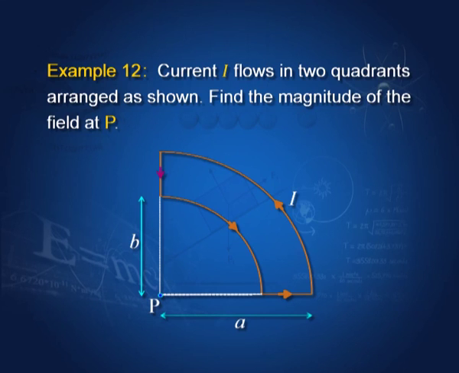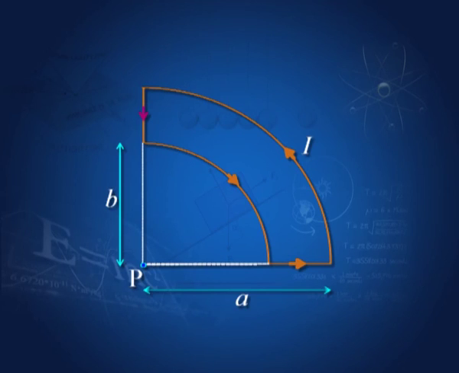Let us apply this to this problem. We have these two quadrants and the current is flowing like this. Immediately this one and this one would not contribute, because the cross product of d l with r would be 0 at P. So, only this quadrant and this quadrant contribute, and we have already found the semicircle. So, a quadrant is just half of that.